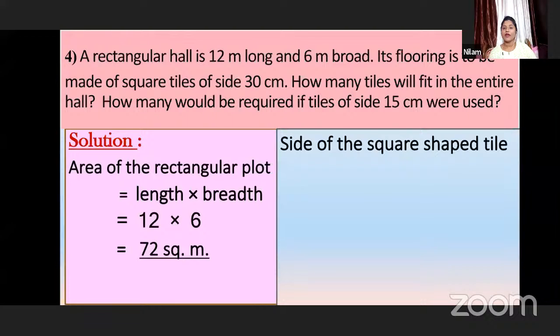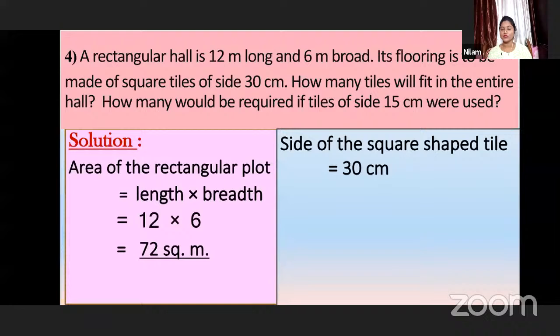Now we will find out the area of the square shaped tile which is required to be fitted in that rectangular hall. The side of a square shaped tile is given in the question, and the side is 30 centimeter. See children, if you look at the question, the unit used for the rectangle is meter.